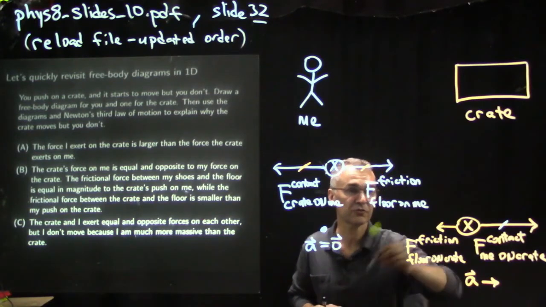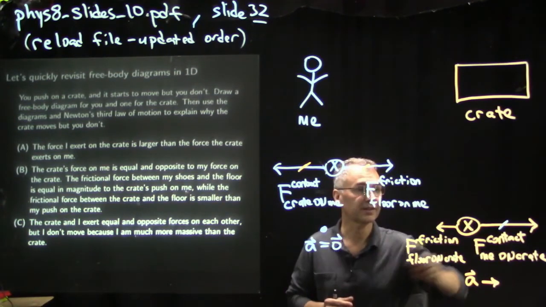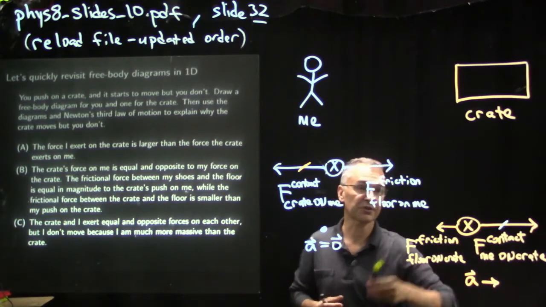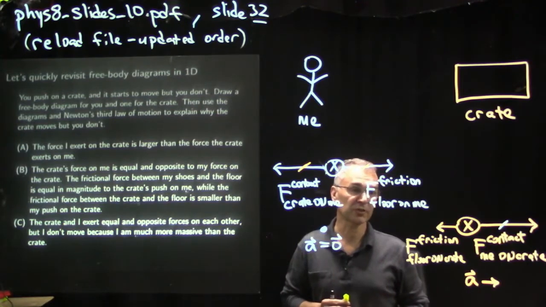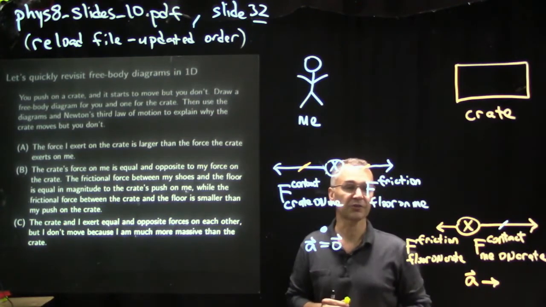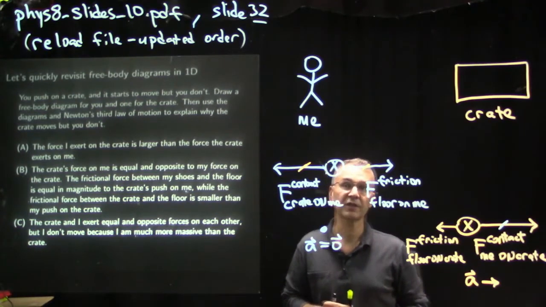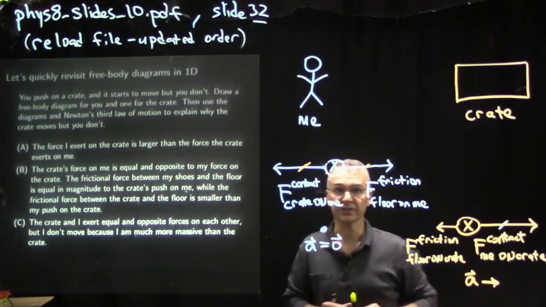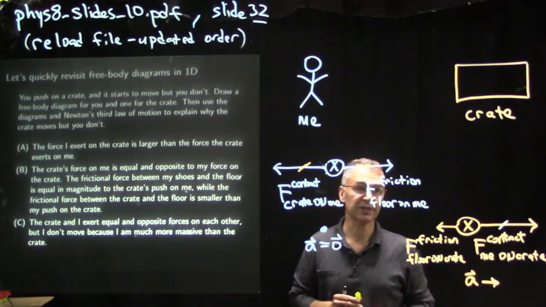It seems like this force is smaller than the contact force I'm exerting on the crate because the crate accelerates forward. So it must be that the vector sum of forces on the crate points in the direction the crate accelerates. We're only talking so far about horizontal forces, so it might be interesting to add a picture of vertical forces also soon. This is the explanation, as such, as we're able to make it so far.